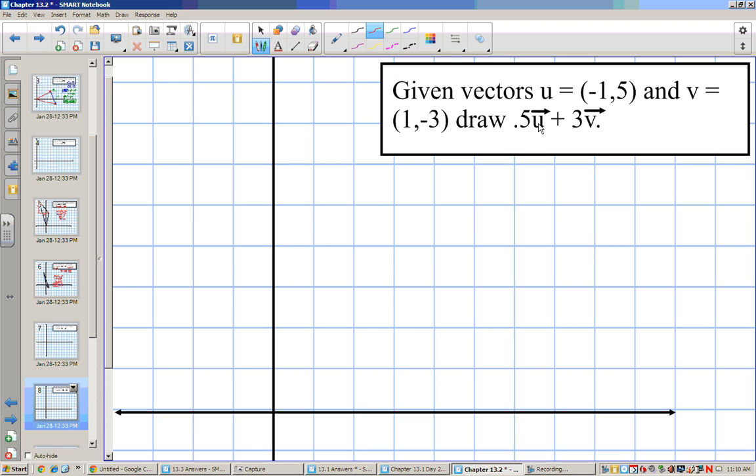All right, first we're going to graph 0.5 of u. So 0.5 of u is going to be negative 0.5, 2.5. So I'm going to go to the left a half and up 2.5. Now from that, I'm going to do 3v. So 3v is going to be 3, negative 9.